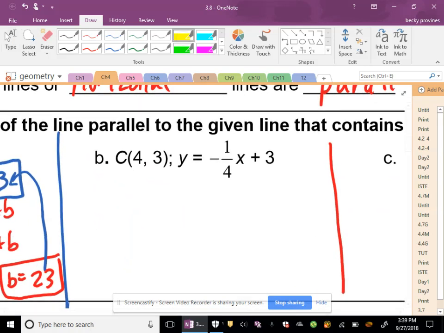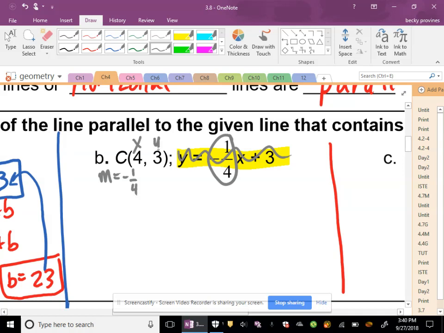What do you need out of this equation? There's only one thing: the slope. So I'm going to write down my slope is -1/4. Then I'm finished with it. Now I'm going to label x and y. What equation do I use? I use y equals mx plus b.